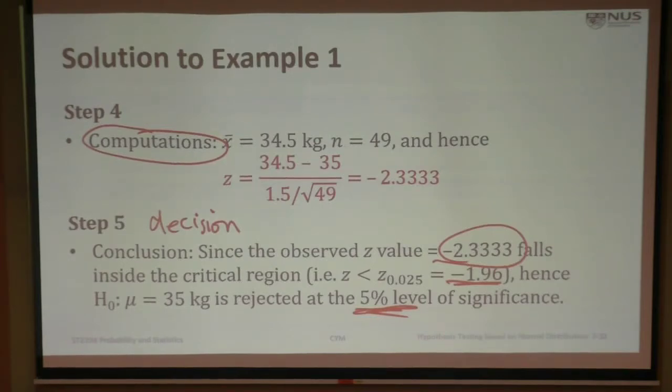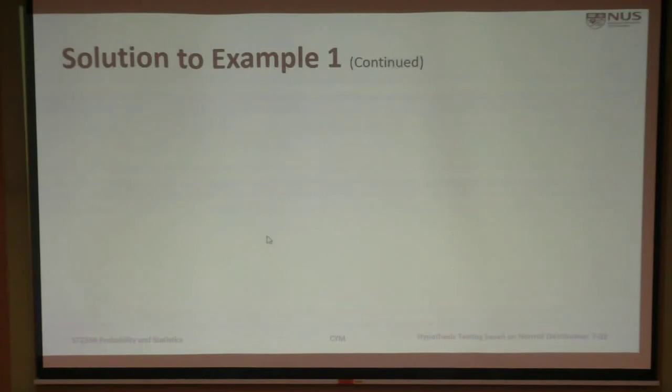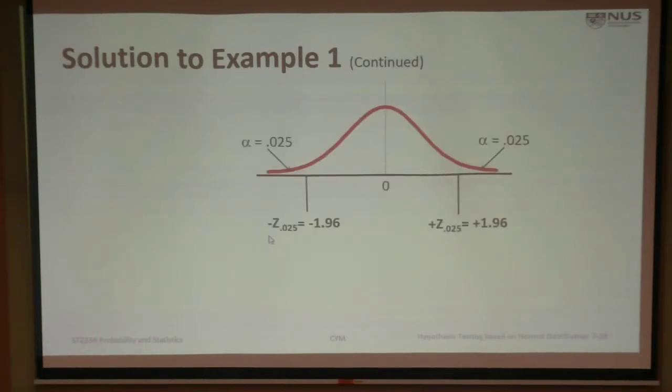I take the risk that I may reject wrongly, because now my decision is to reject the statement mu equal to 35. So I have a 5% chance of committing the error, rejecting it wrongly. So that's the critical value approach. The idea is like this. So this is Z.